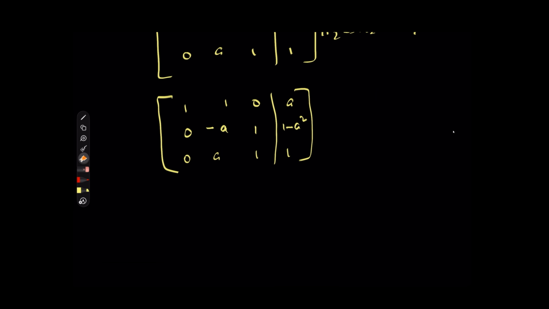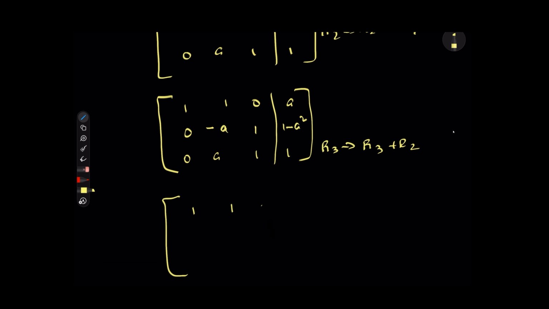Now, I can stop here. Maybe I can inspect and get some results, but why not try to get a 0 right here? So I see that I have an A here and a negative A here. So if I add these 2 rows, I'll be able to get a 0 right here. So I'm going to say that row 3 is row 3 plus row 2.